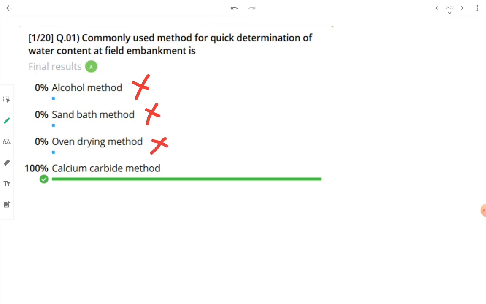That's why the perfect answer for the asked question is calcium carbide method, which is used for quick determination of water content at field embankment. The calcium carbide method takes 5 to 7 minutes for the whole process. It can be used in field as well as in lab. That's why the answer is calcium carbide method.